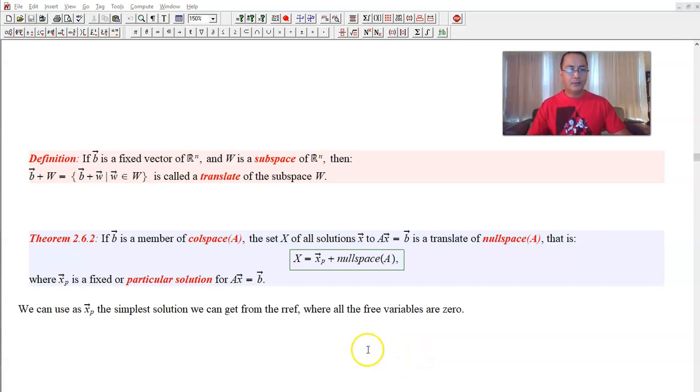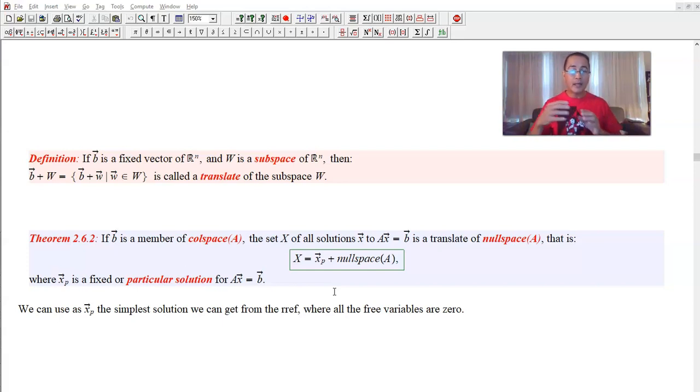Because of that theorem, if you put together all the solutions to AX equals B, each of them will look like xp, a fixed solution, plus a member of the null space. I hope you remember back when we started out, when we talked about lines and planes in R2 and in R3. We talked about lines and planes that don't pass through the origin.